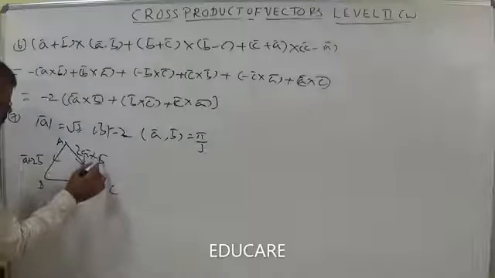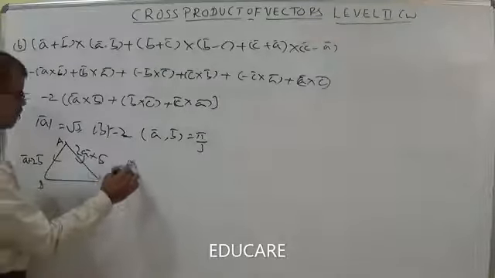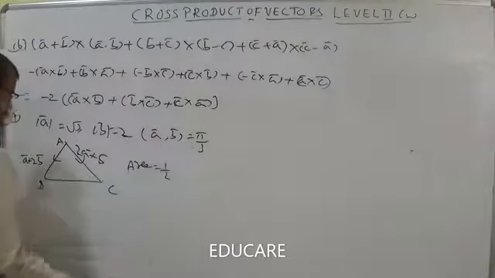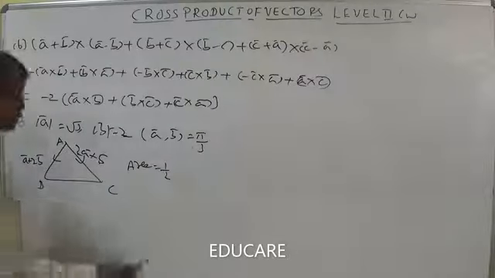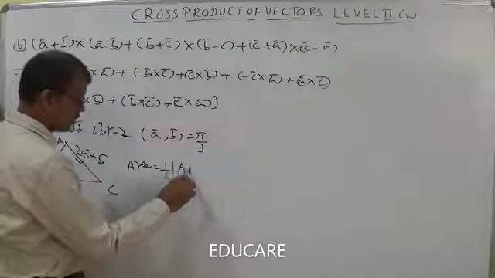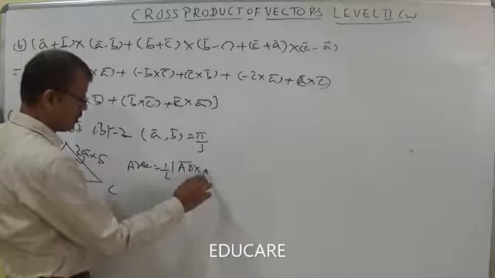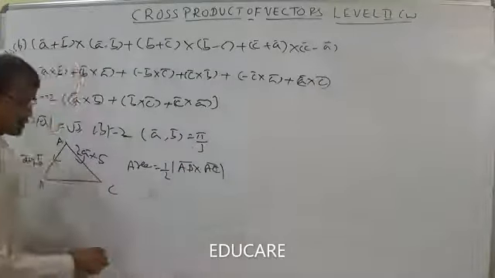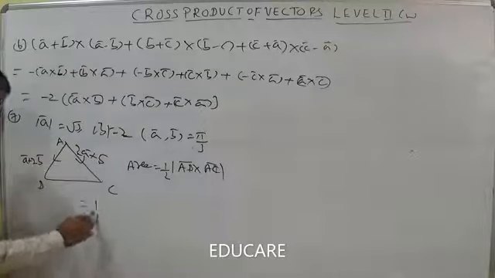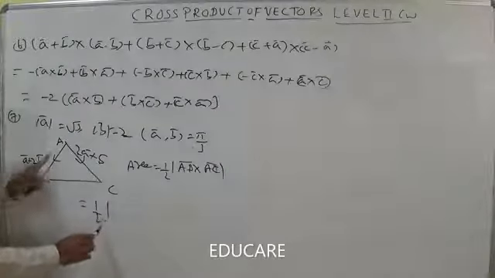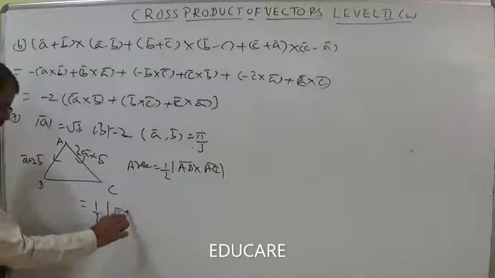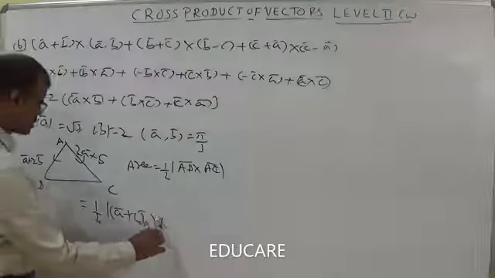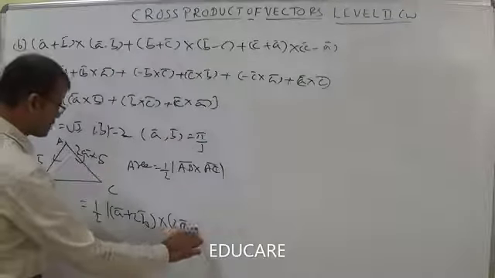So the area is equal to 1 by 2 into, he is asking simply area, so you should put mod here. If he is asking about vector area, you should not put mod here. Here you write 1 by 2 AB cross AC. Then 1 by 2 into AB, which is given as a bar plus 2b bar, cross 2a bar plus b bar.